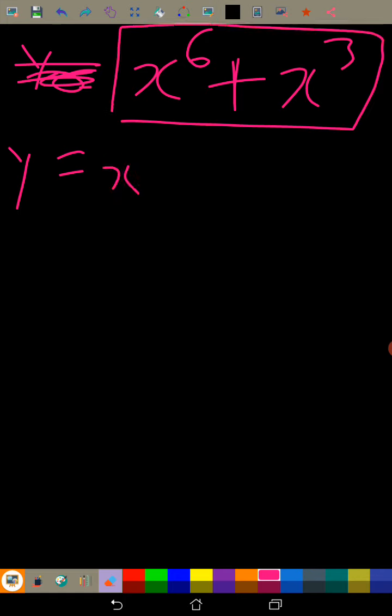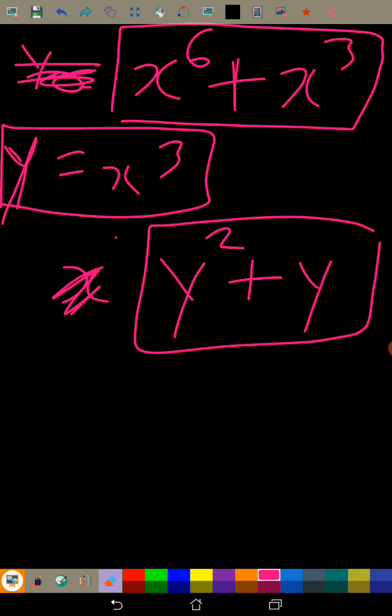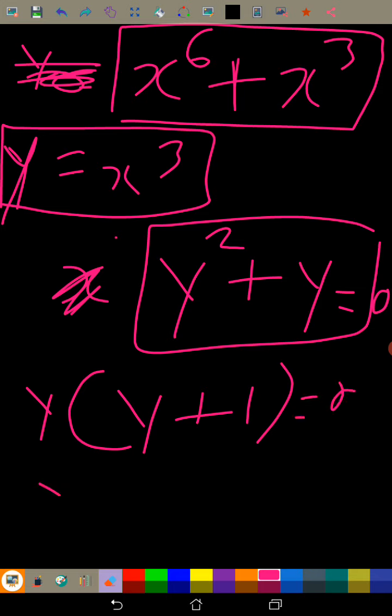We can say that y is a substitution for x cubed. We'll get y squared plus y, and we can solve this easily. If this is equal to 0, we'll just say y times y plus 1 is equal to 0, so y is equal to 0 and y is equal to minus 1.